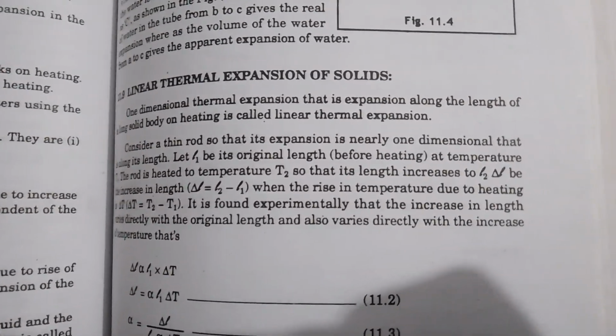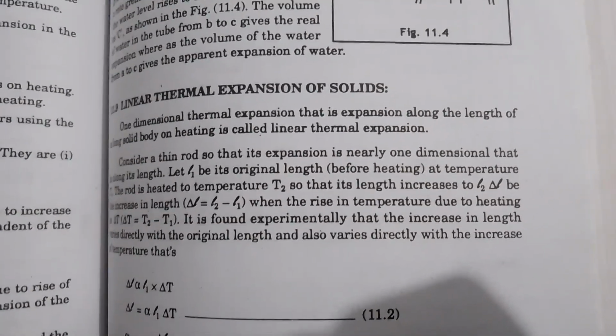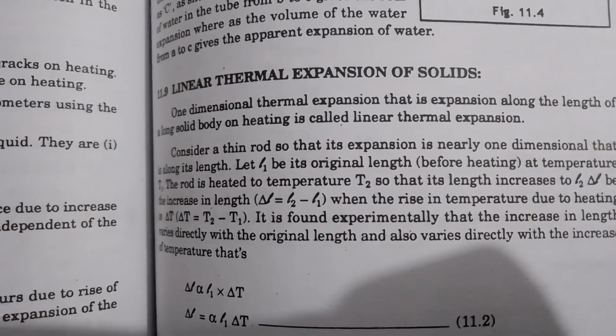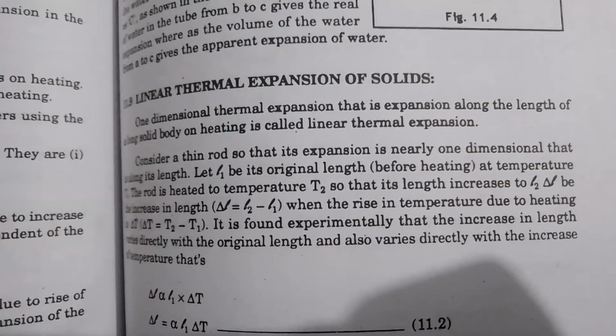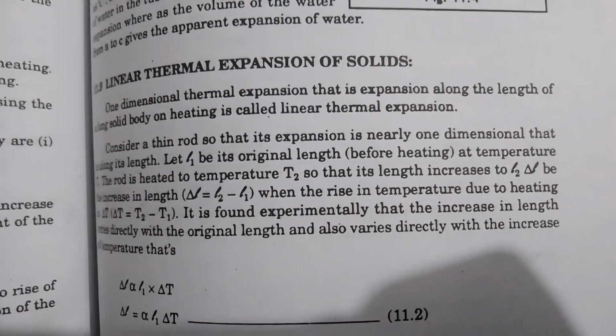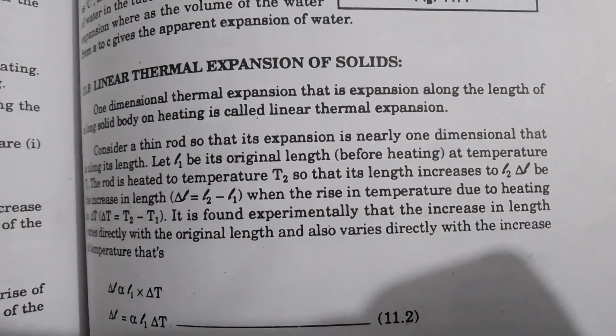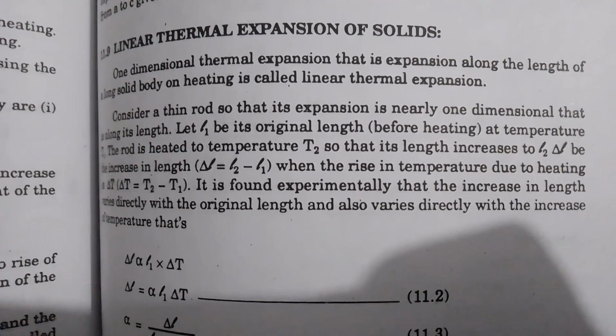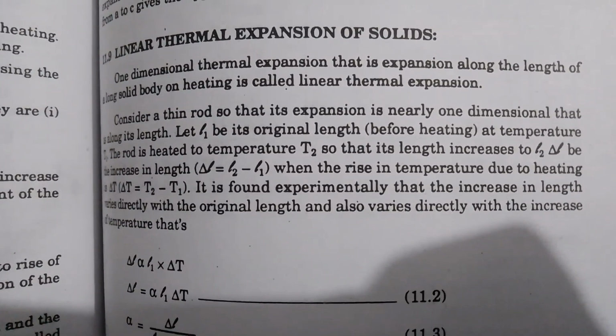One-dimensional thermal expansion, that is, expansion along the length of a long solid body on heating, is called linear thermal expansion. Consider a thin rod so that its expansion is nearly one-dimensional, that is, along its length.